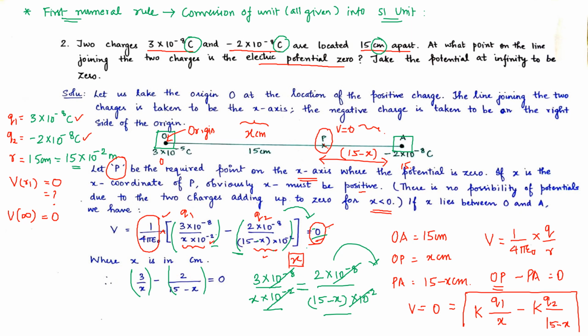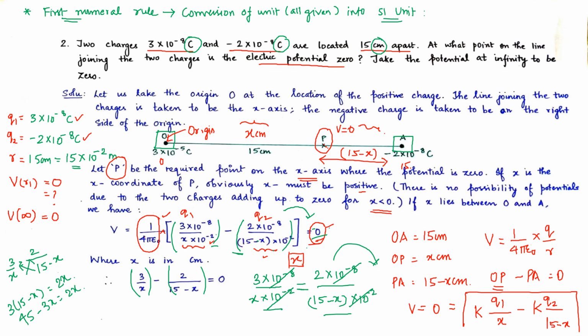Now we will equate these two values. We get 3 upon x equals 2 upon 15 minus x. We will cross multiply these two. It will give us 3 into 15 minus x equals 2x, and then 45 minus 3x equals 2x.